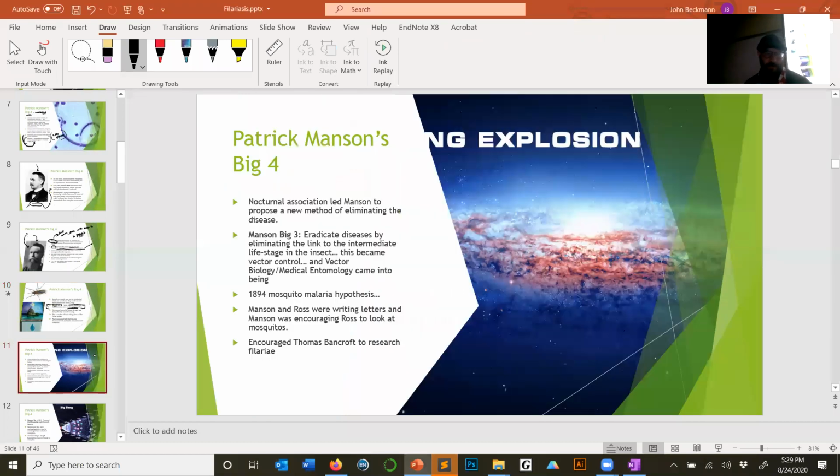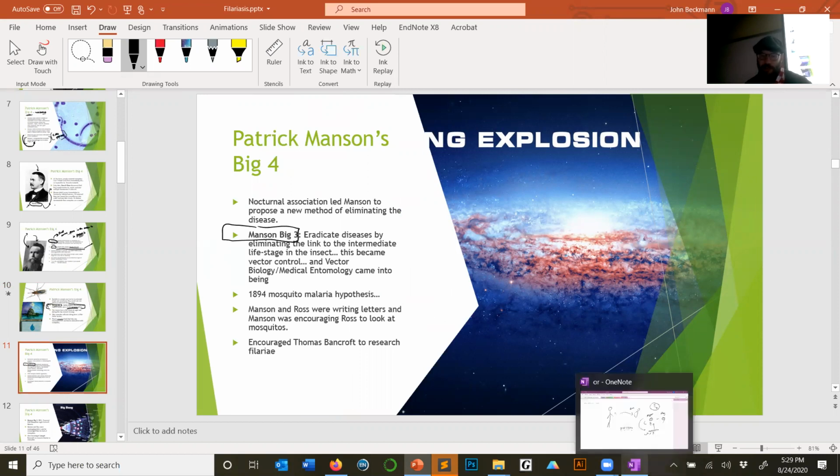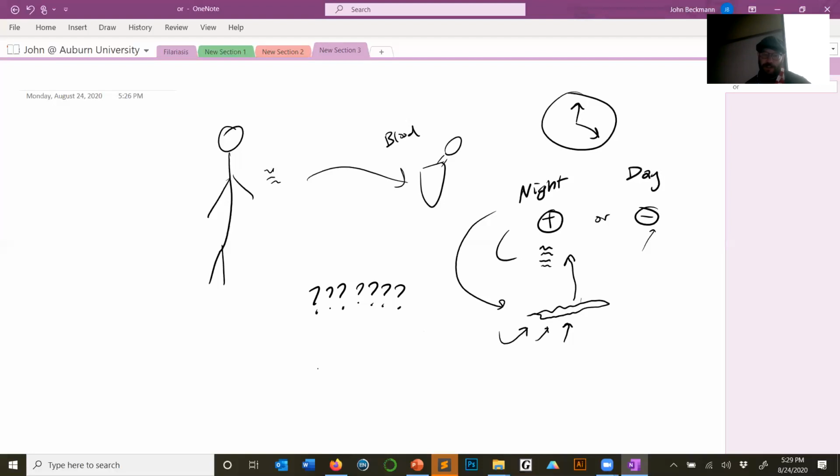Next slide. Okay, Patrick Manson's third big contribution was he knew at this point that mosquitoes are necessary for the worms to complete their life cycle.